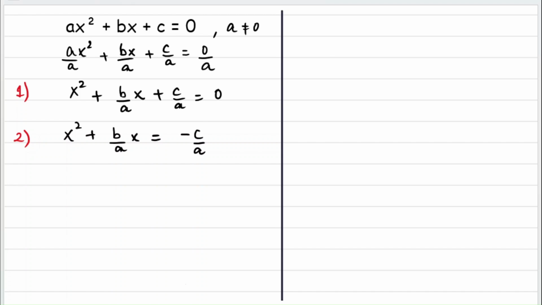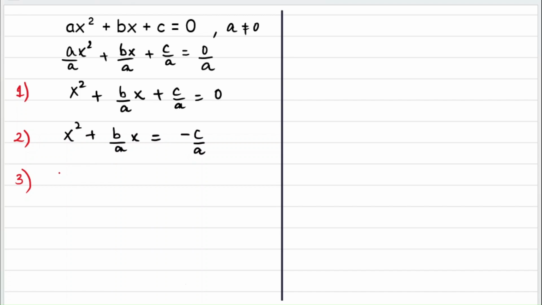My third step is to write the left side as the perfect square of the binomial, and that's the most important step. That is why we are deriving the quadratic formula by the completing the square method. I would be making a perfect square on the left side, and to make that perfect square I would be adding a number on both sides of the equal sign.